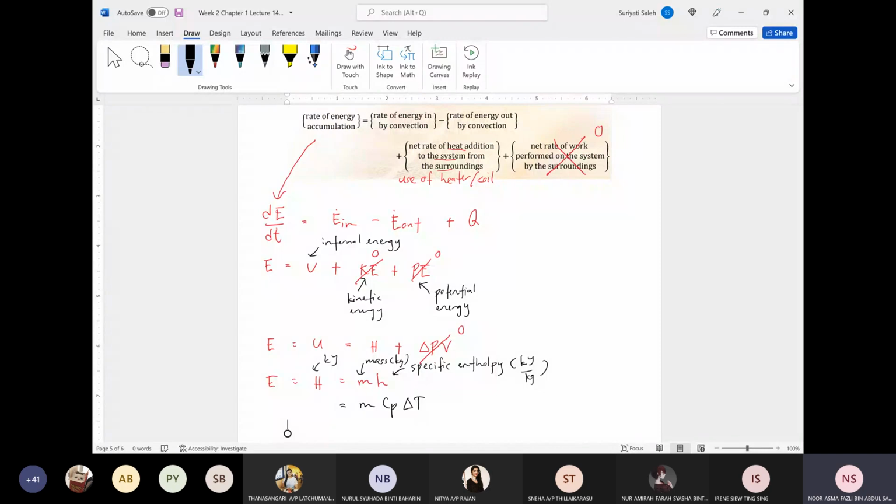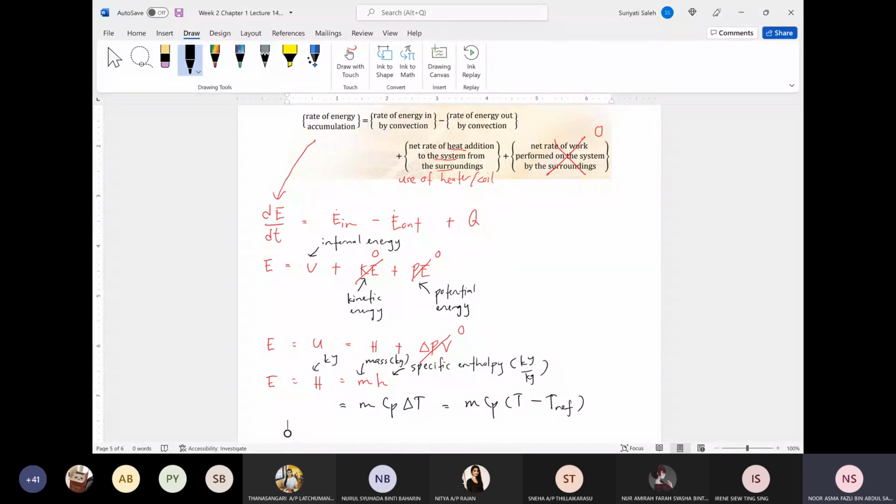So there's a lot of expansion, how from one symbol we can further expand it. So based on this, you have the M for the mass, the Cp for the heat capacity, and delta T. Normally we assume it as T minus T reference to reflect the change in the temperature.